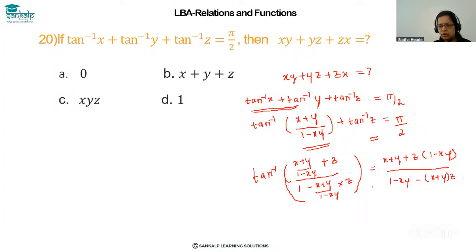Okay. So this is equal to x plus y plus, you can write here it is equal to pi by 2 from the previous step, z minus, and I left here tan inverse also.